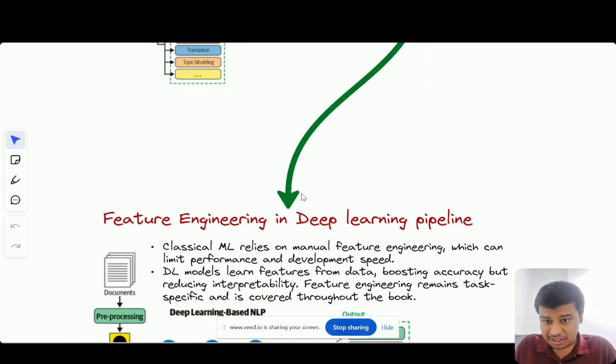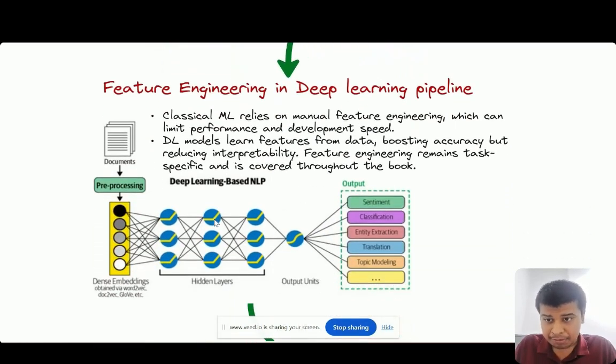Now, if you see the same feature engineering for the deep learning pipeline, you can see this. The documents are taken in, pre-processed, and directly inputted into a dense network to get the embeddings. So we get the numerical representation of the text using these structures, and this could be via Word2Vec, Doc2Vec, or GloVe kind of packages.